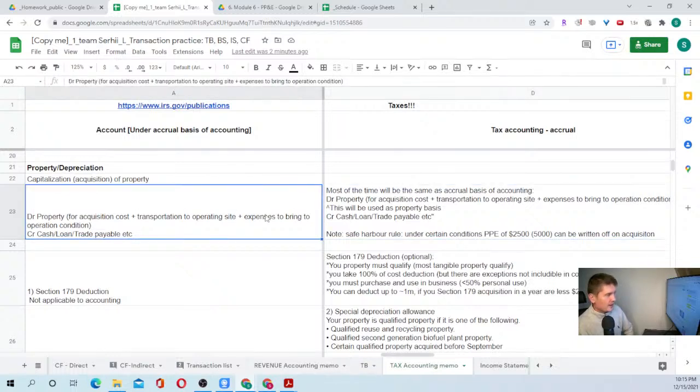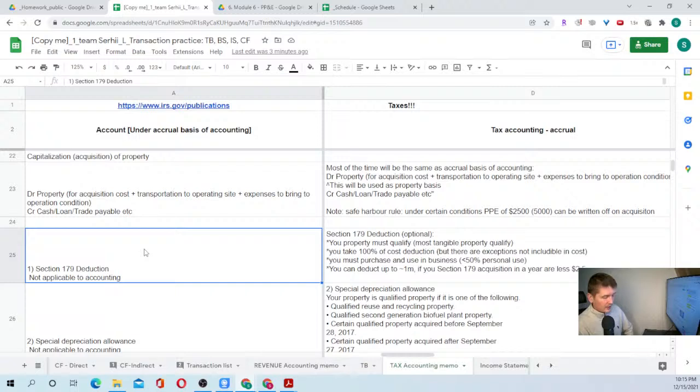It will match most of the time. But if you have more complex situations, when you have state taxes involved, you need to pay closer attention to the guidance. So we capitalize almost the same numbers. Then we start to get some differences.